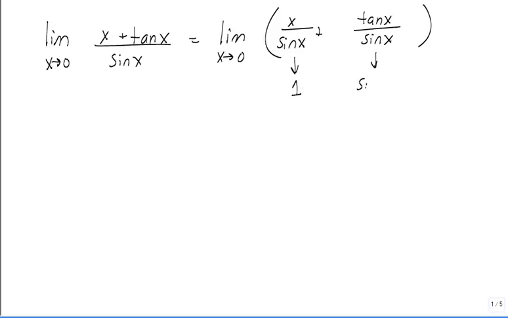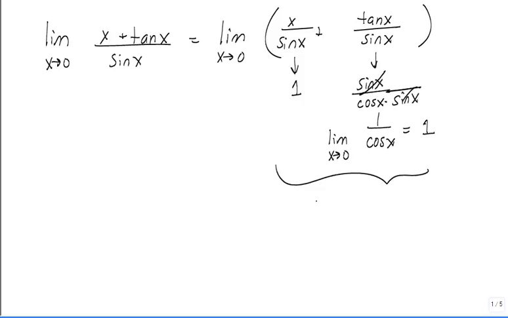This is sine x over cosine x times sine x. You invert and multiply. So that's 1 over cosine x. The limit of that as x goes to 0 is 1. So this is 1 plus 1, which is 2.